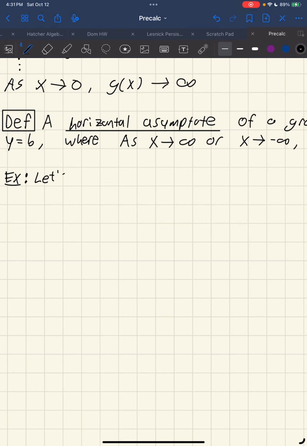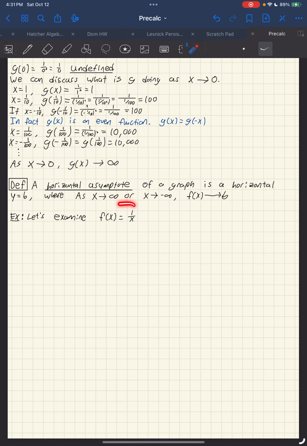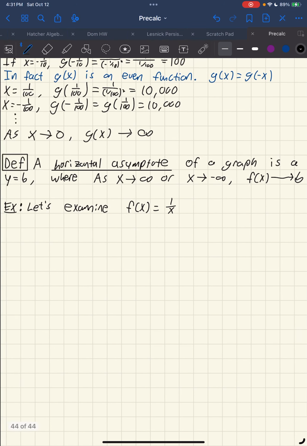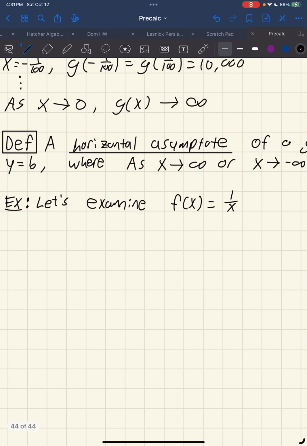And the best example to do that is, let's examine f of x is equal to 1 over x. And to hint at the problem, this guy is not an even function. So things will fall apart and things will be actually very different. And I'll let you guys do this part.